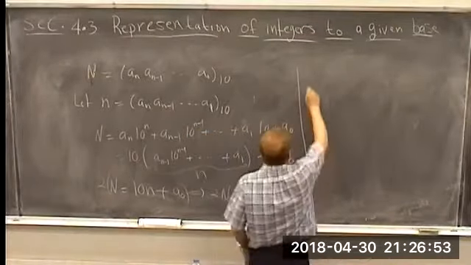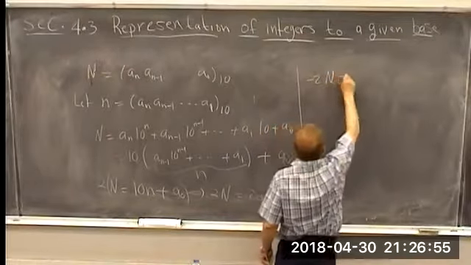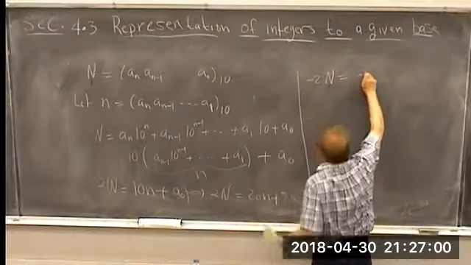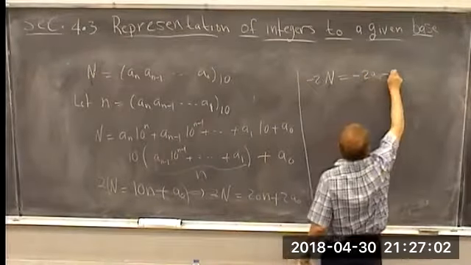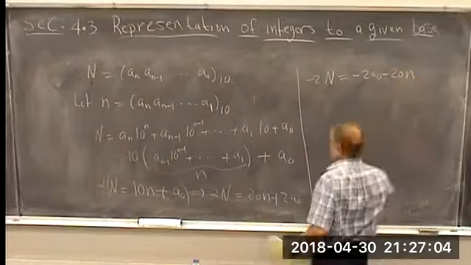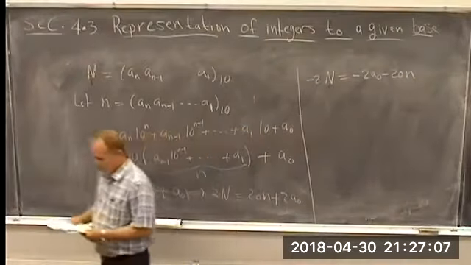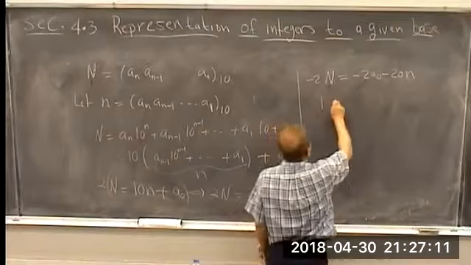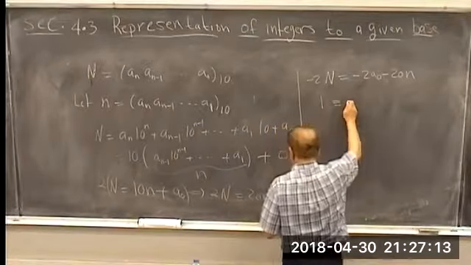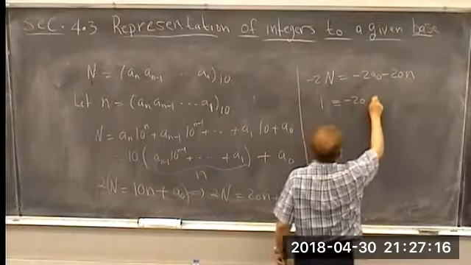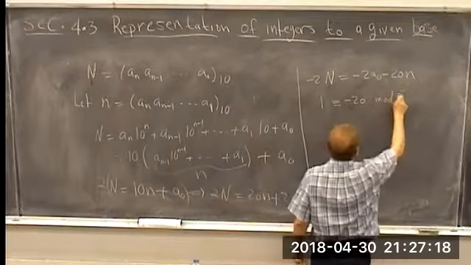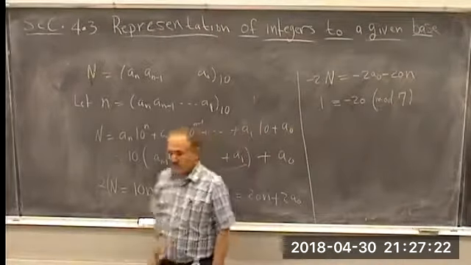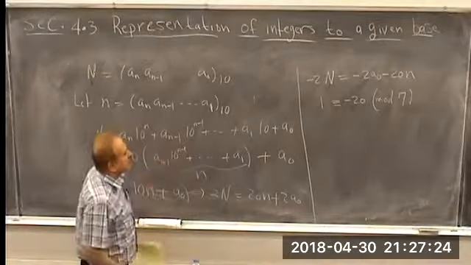So I get negative 2n is equal to negative 2a_0 minus 20n. Okay, so we're going to keep this. Now we have this congruence: 1 is congruent to negative 20 mod 7, because this gives you actually 21. That's why we took the negative there.